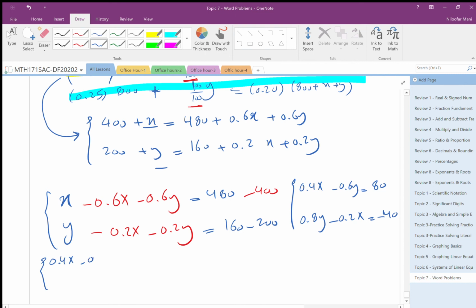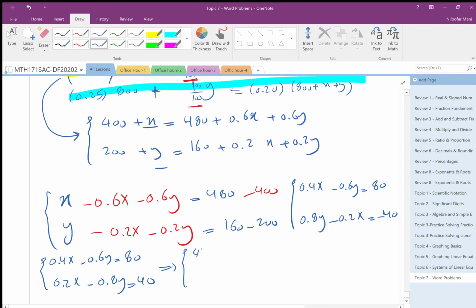Maybe it's easier to do this: 0.4x minus 0.6y equals 80, and then 0.2x minus 0.8y equals 40. Now I can remove the decimals by multiplying both sides by 10.